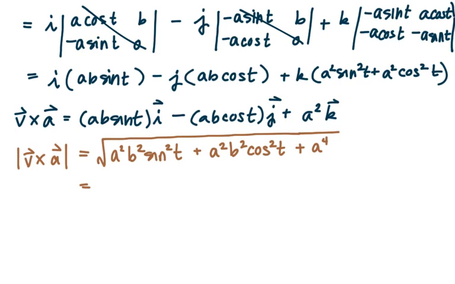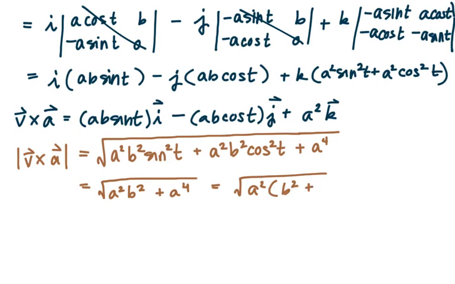If I look at factoring this, that sine squared and cosine squared is going to give me a squared b squared plus a to the fourth. I can see in that term, I can factor out an a squared. So I've got a squared times b squared plus a squared. And I can take the square root of a squared, it gives me a. So I have a times the square root of a squared plus b squared, using the commutative property to rearrange.